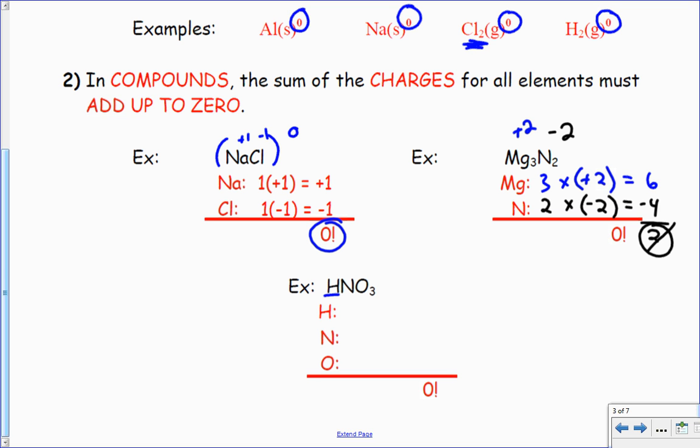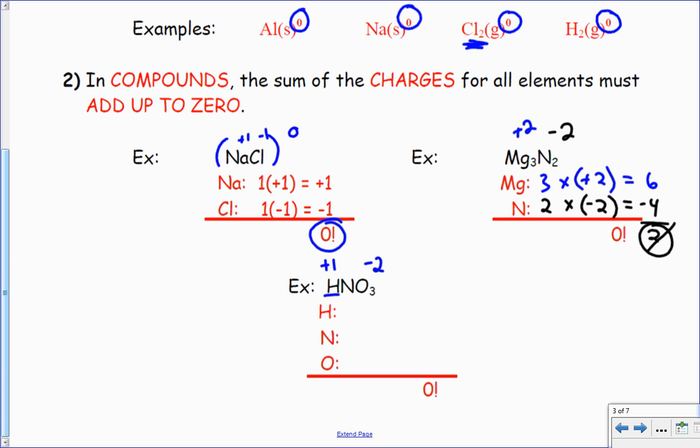Hydrogen could be +1 or -1, but it's first, so I know it's got to be positive. So that's +1. Oxygen has a -2, and it is pretty much only -2. We're going to find some rules where it's -1, even though it doesn't say it could be, but you're going to find that there are some exceptions.